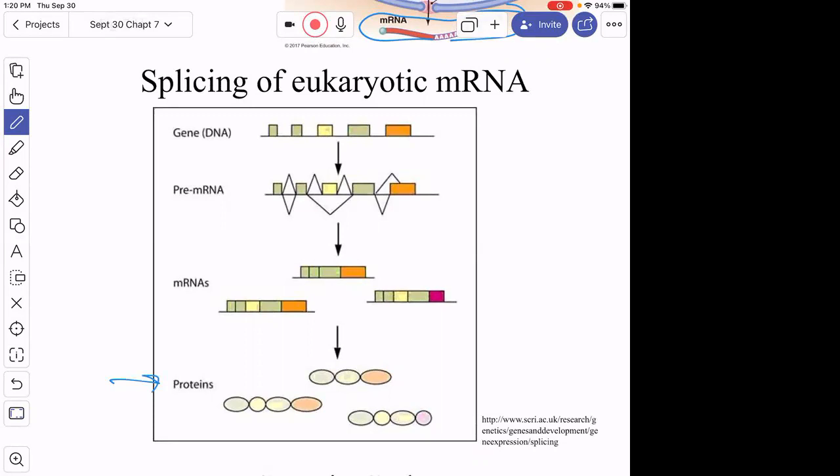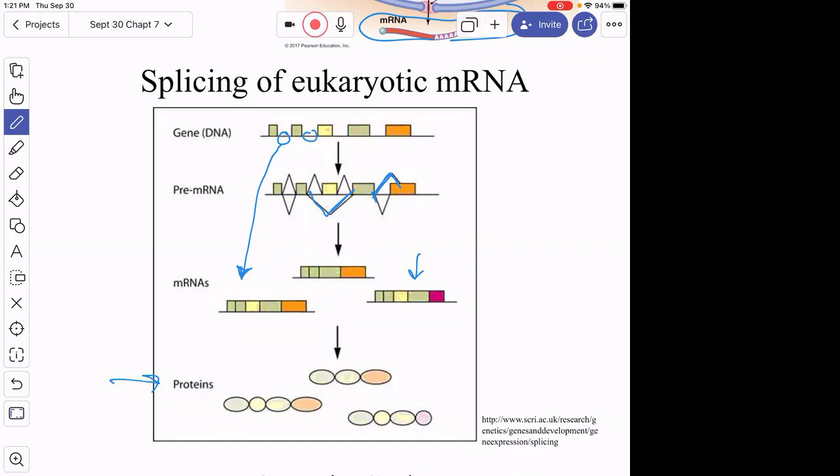If that gene is spliced the way we would expect, and those lines are introns, it would look like this. Maybe this whole exon gets spliced out, so you have a protein that looks a little bit different, or maybe part of an exon is spliced out, so you could get 3 different proteins from that same pre-messenger RNA.